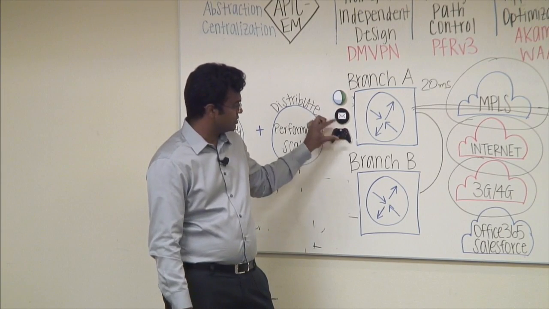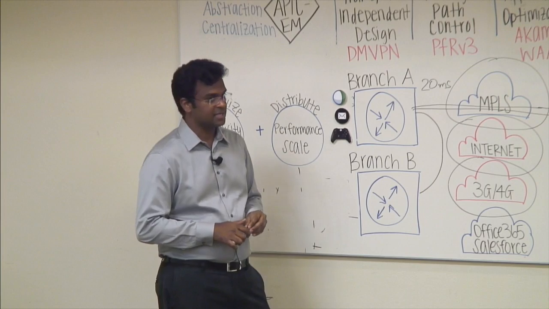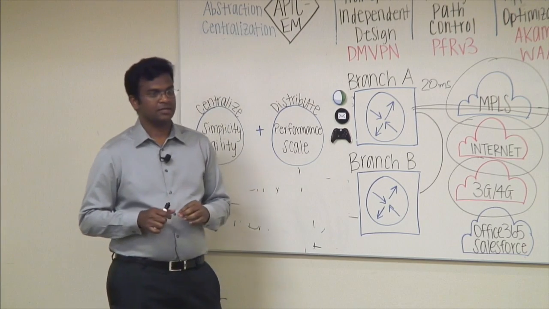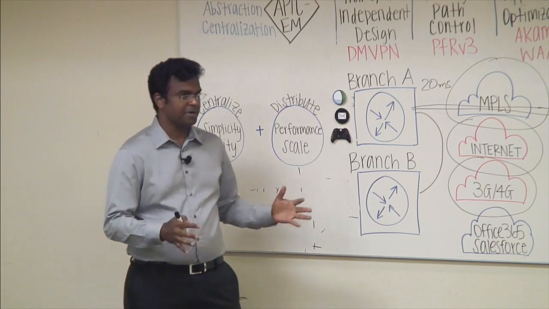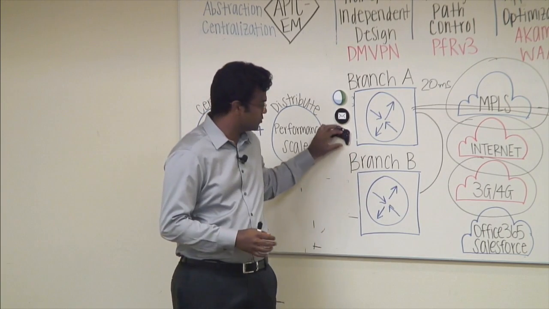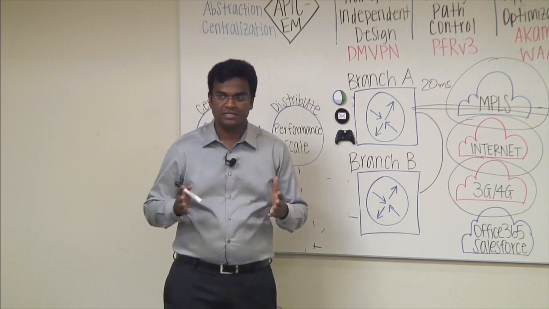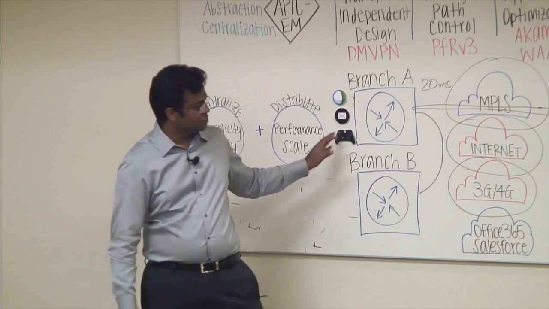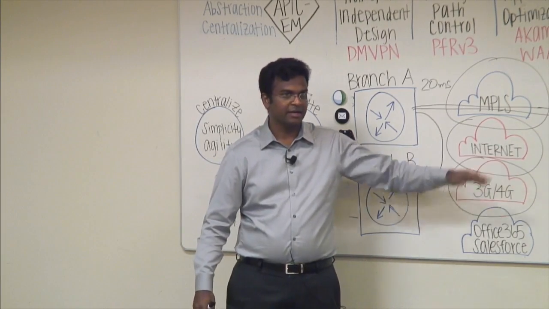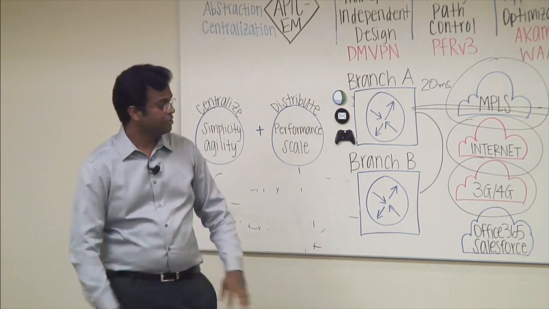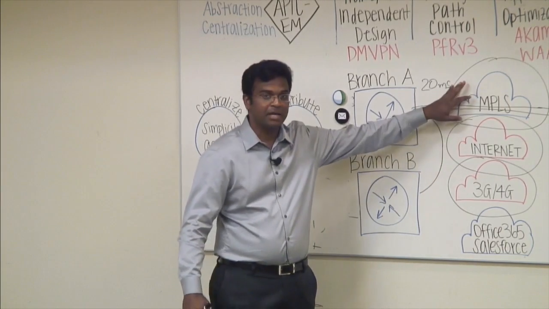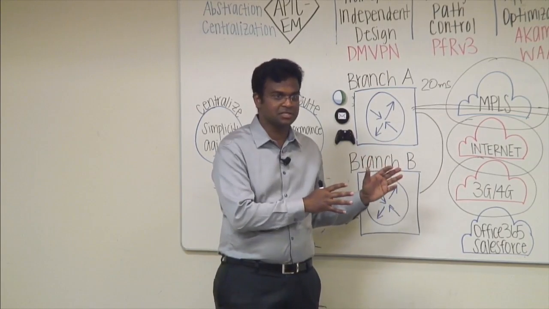And the third aspect is gaming. And this is interesting, because with gaming you don't want to be way too strict, saying that nobody plays any games ever. But you want a policy that says, if there is additional bandwidth, then just use internet for gaming. And if the internet link goes down, you don't want to put gaming on your MPLS link, because that is where the business is going on.